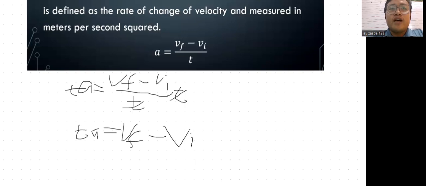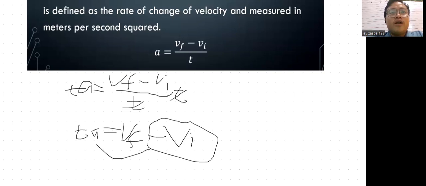The next thing to do is to transfer this to the other side. Once you transfer it, the velocity initial will become positive, because you have the negative here and when you transfer it there, it becomes positive. So your formula will look like this: velocity final is equal to acceleration times time. You can put T first or A first, because that is a multiplication.